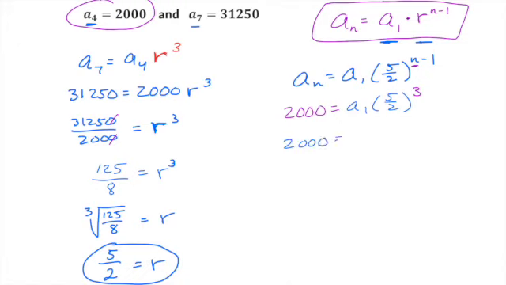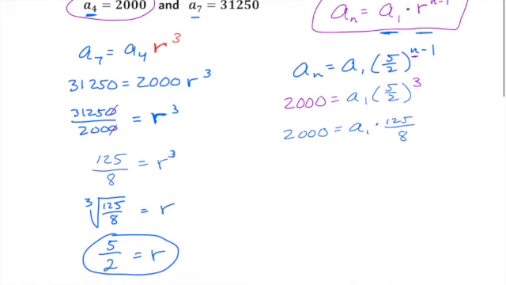So 2000 is equal to the first term times 5 cubed, well, it kind of looks familiar, 125 over 2 cubed, which is 8. So to solve for a1, multiply by the reciprocal, 8 over 125, I should say, times 2000.